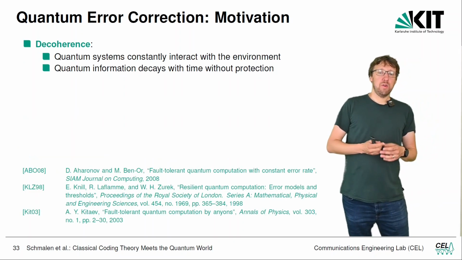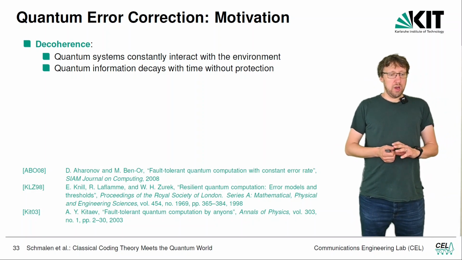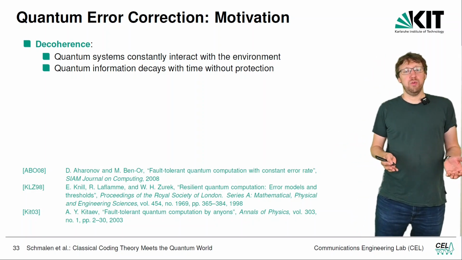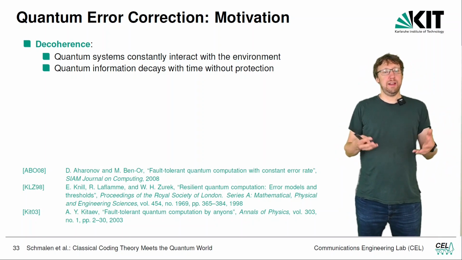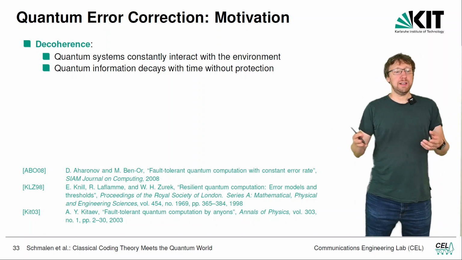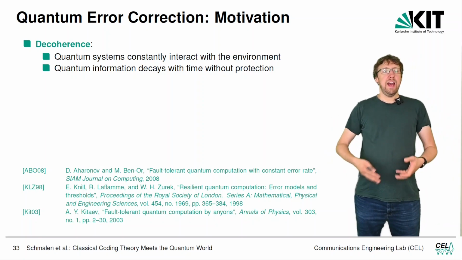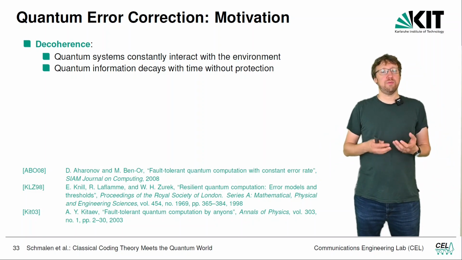So, what is the motivation to use error correction in a quantum computer? Well, if you build a quantum computer and quantum systems, they are not coherent. They decohere. And this is because the quantum systems constantly interact with the environment, and the quantum information decays over time if we don't protect the information.